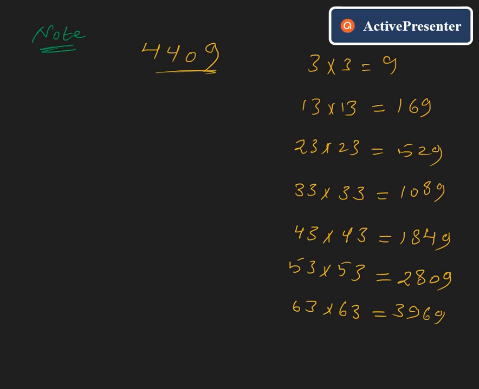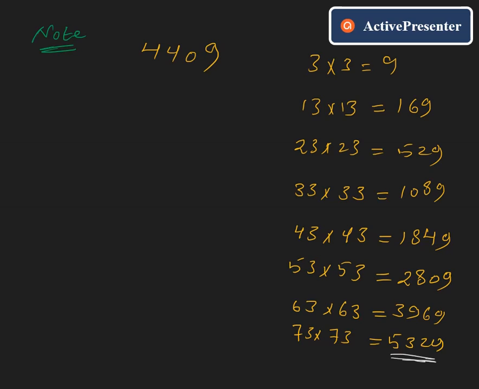It is smaller than this number. We should go more. Now 73 multiplied in 73 is 5329. So now focus.